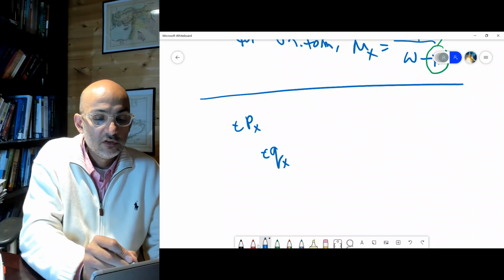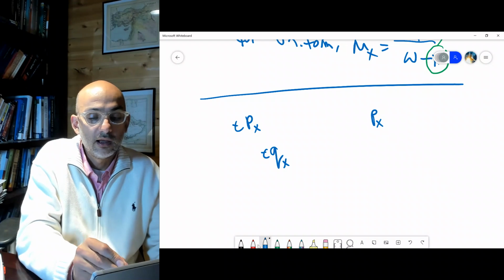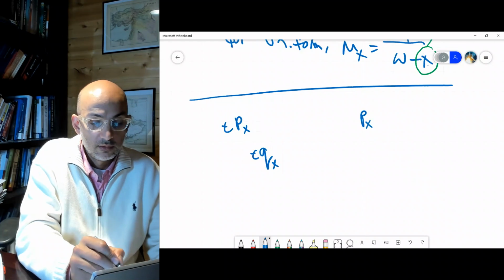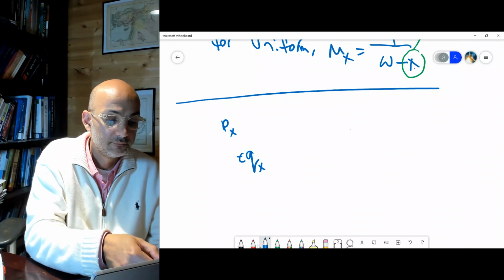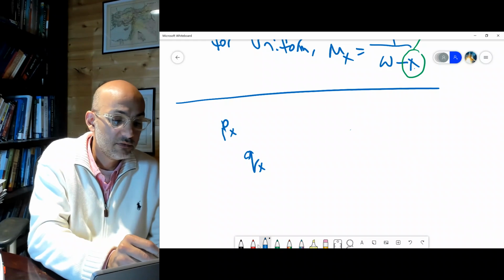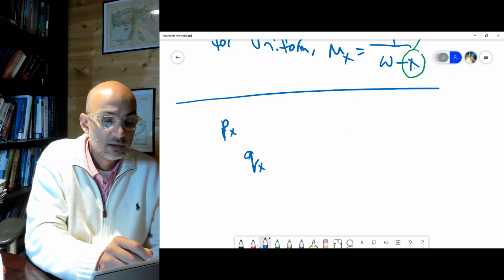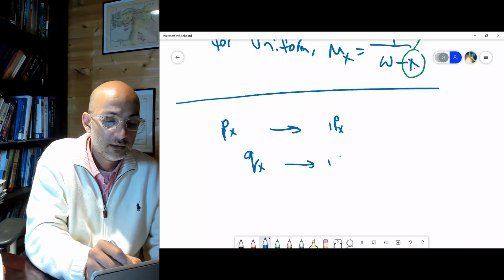What if you see something like px without anything on the left, and the same for qx, without any t? If nothing is written on the left, then this is actually 1px and this is 1qx.